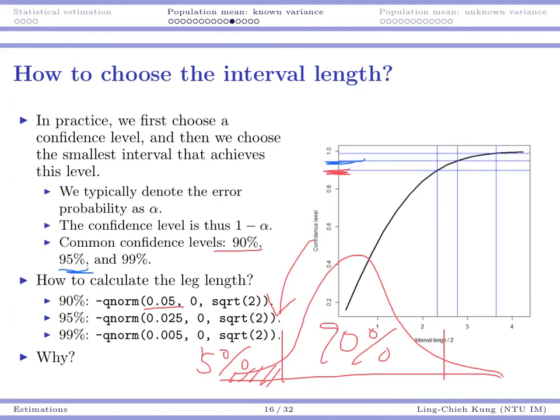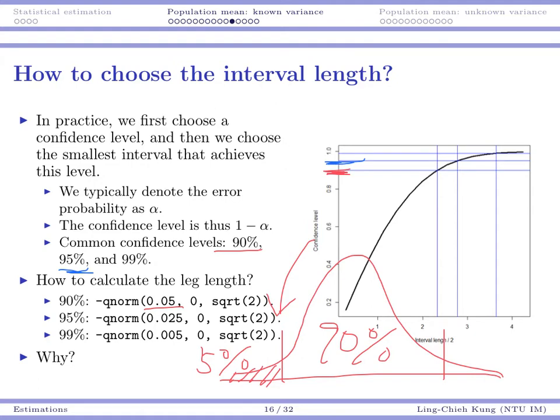But here, you probably wonder why we are putting 0. Okay, why we are putting 0 as the mean of this normal distribution. I don't want to tell you here. I think you may think about it by yourself, and you should be able to find the answer.